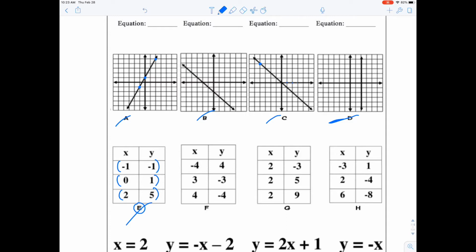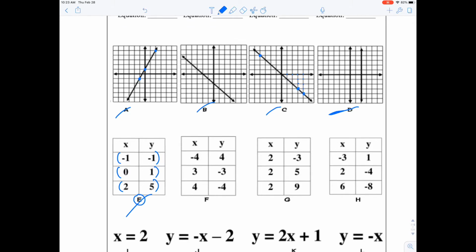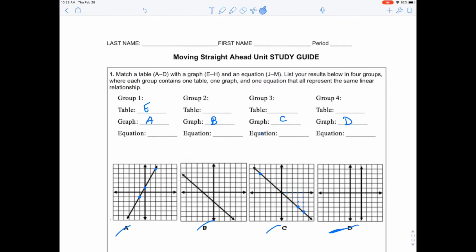So 1, 2, 3, and then go down 1, 2, 3. Hey, there we go. And then 4, -4. Do we have that? 4, -1, 2, 3, and 4. Yes, there we go. So table F goes with graph C. There we go, halfway done.